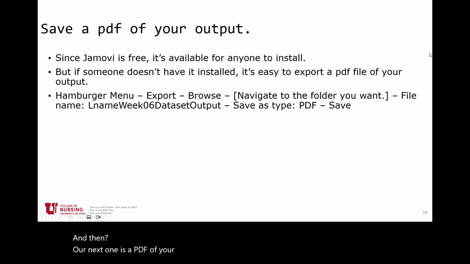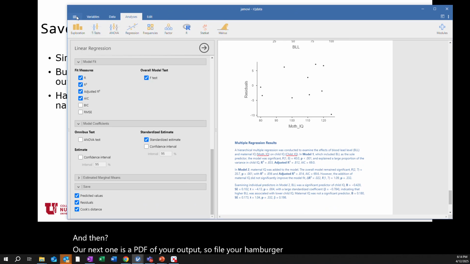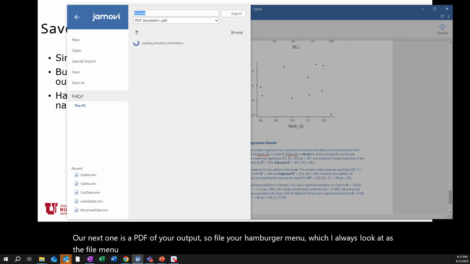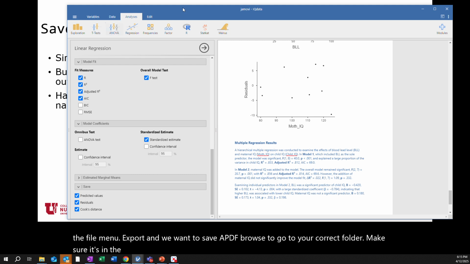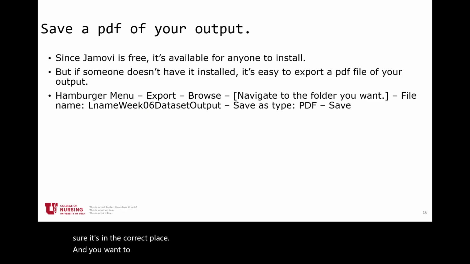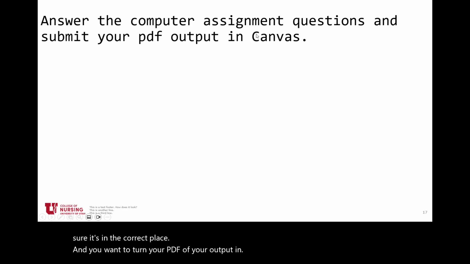So file, your hamburger menu, which I always look at as the file menu, export, and we want to save a PDF. Browse to go to your correct folder. Make sure it's in the correct place. And you want to turn your PDF of your output in. Answer the computer assignment questions and submit your PDF output in Canvas.